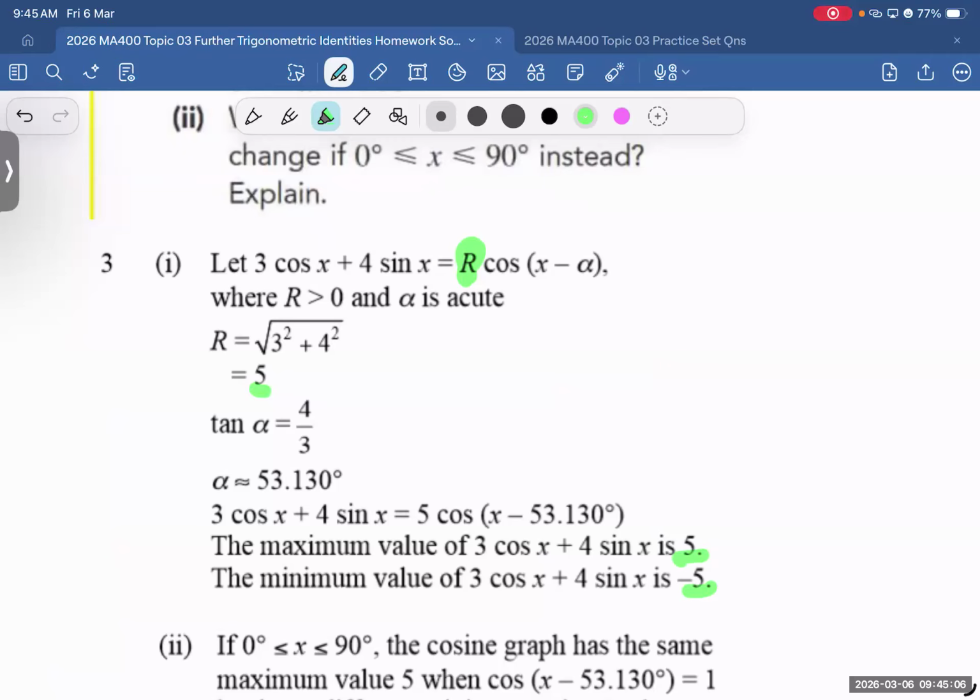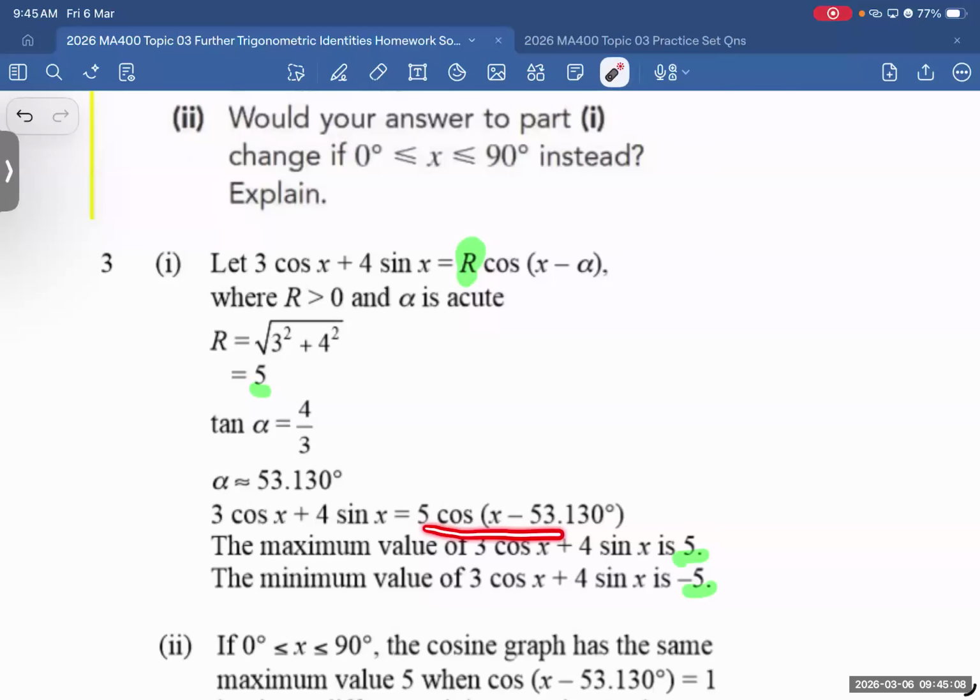So that means, am I right to say that your function looks like that? So then you can see this is the maximum and the minimum value. Because cosine will be between -1 and 1. So cosine of any function will be between 1 and -1, right?